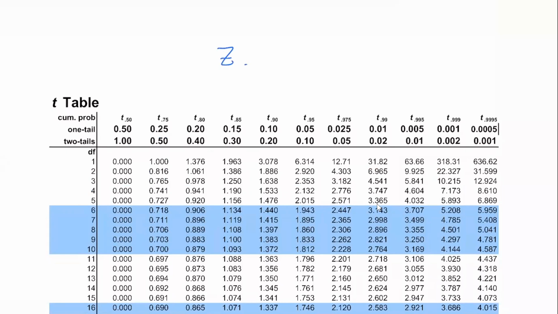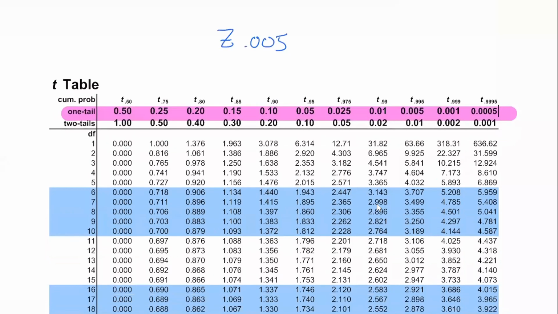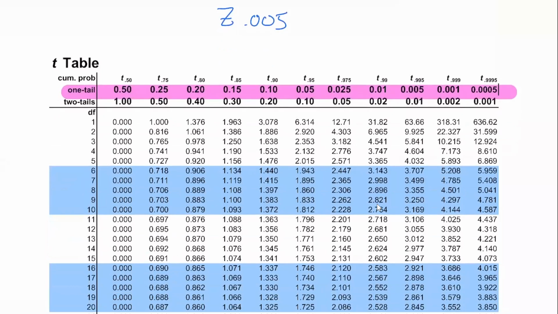So we got z of 0.005. So all you have to do is look right here for 0.005. So if you look right here, here you go, 0.005. Everybody see that 0.005?